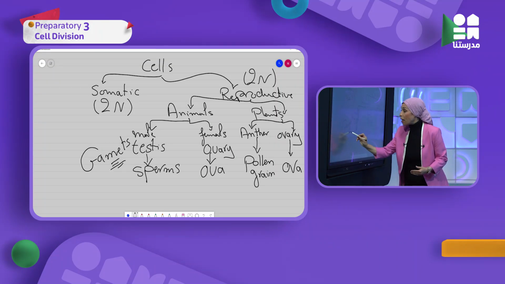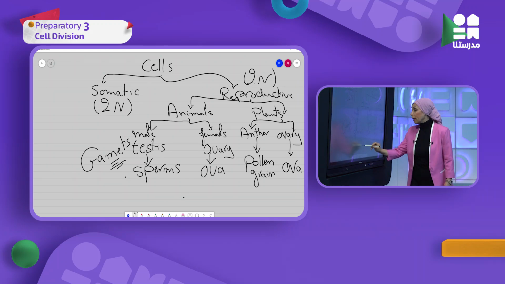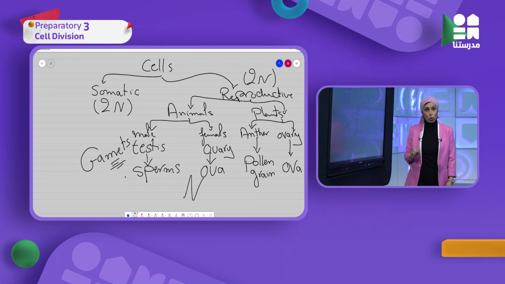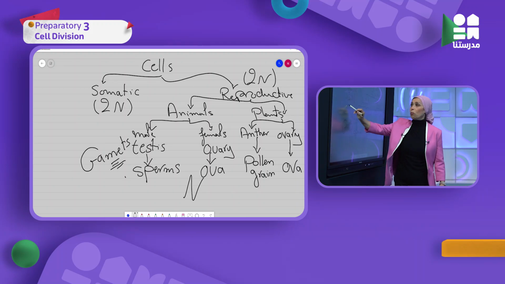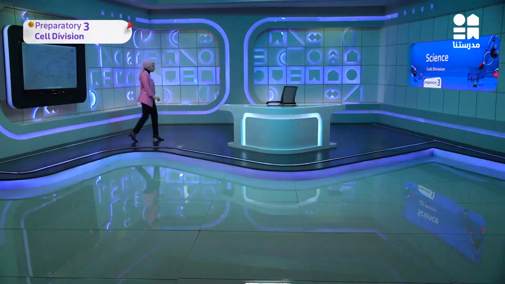What about the gametes, either the sperms, ova, or pollen grains? They contain n number of chromosomes. Remember this diagram because I'm going to discuss it now: chromosomes in the somatic cells are 2n, in the reproductive cells 2n, while in the gametes only n. And then we are going to discuss what n and 2n are. Let's complete this part.